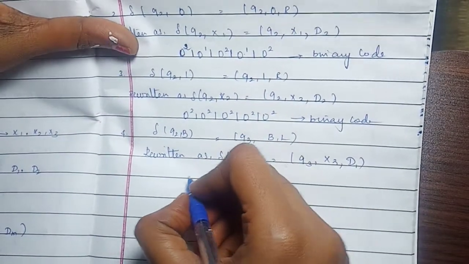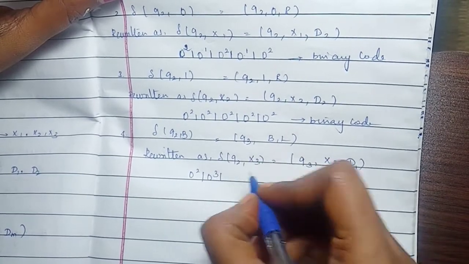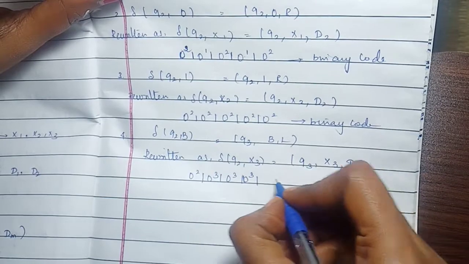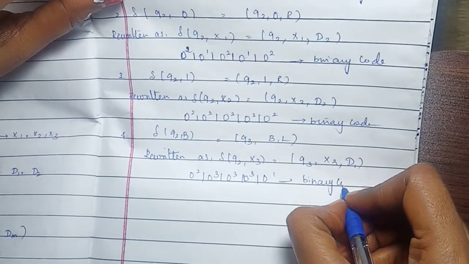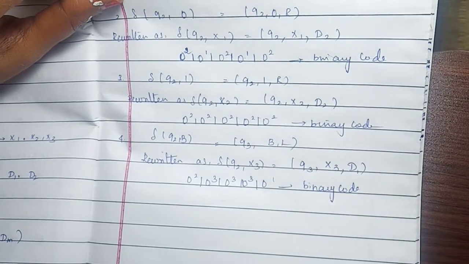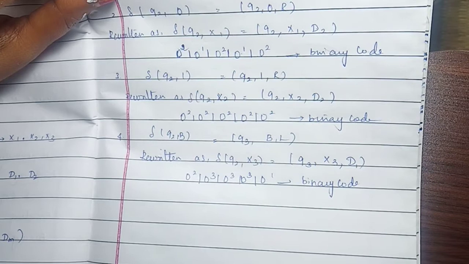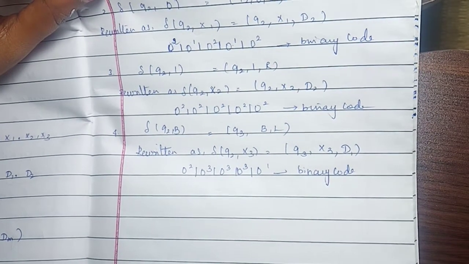So it is 0 power 2, 0 power 3, 0 power 3, 0 power 3 and 0 power 1. So this is my binary code. Okay, this is the way it has to be written.